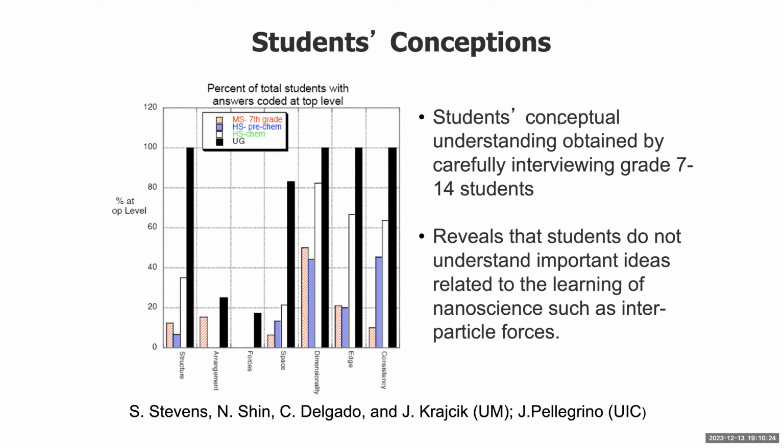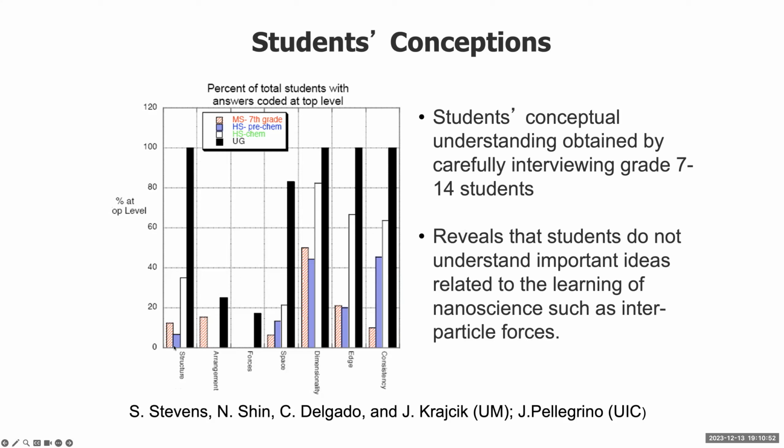So if you look at this graph that's on this page, you will notice this is percent at the top level, and you'll see various ideas related to understanding chemistry, like, for instance, how the structure of the molecule might determine its properties, how the arrangement of the molecule might determine its properties.